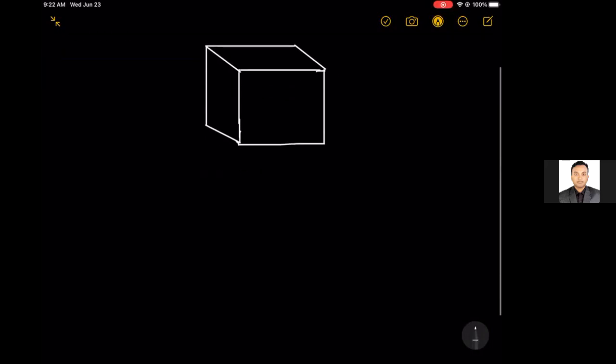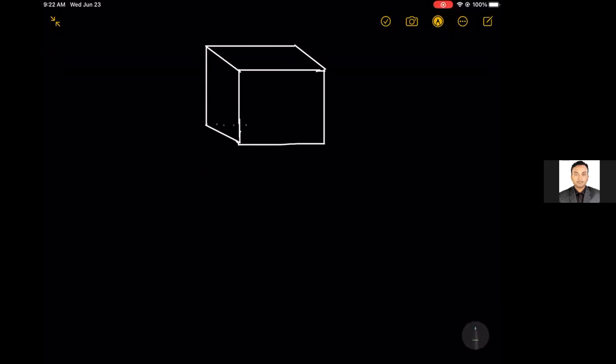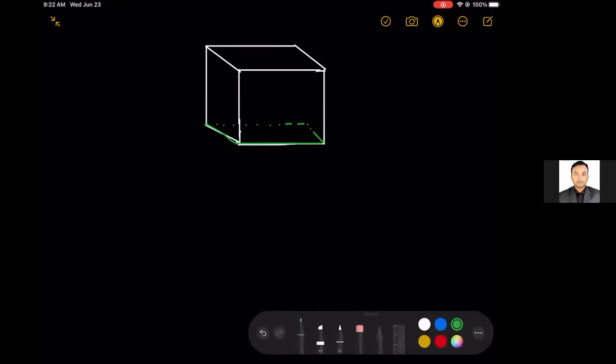So this base, let me try to draw it. This base in green. Obviously this is my base. This base is a square.